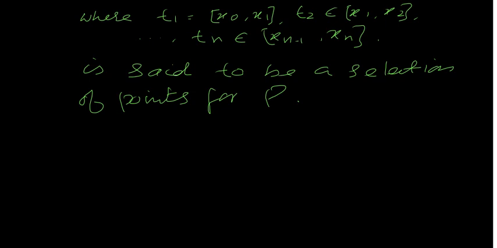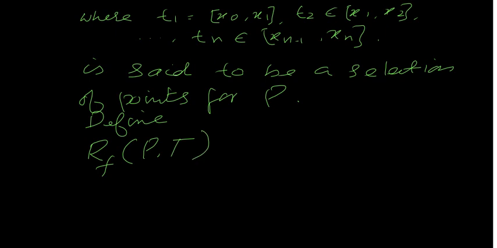Now let's define a sum with respect to this selection of points, which I will denote by R(f, P, t). It is for the function f with respect to the partition P and with respect to this selection of points, because we can choose a different selection of points.